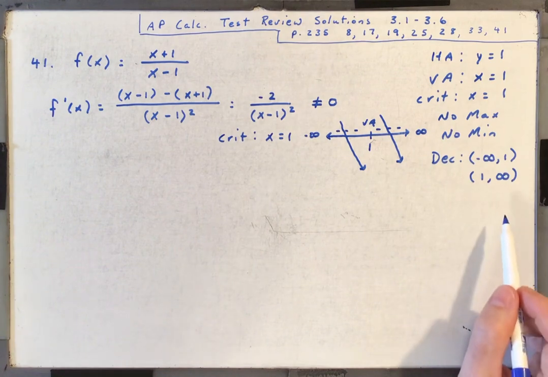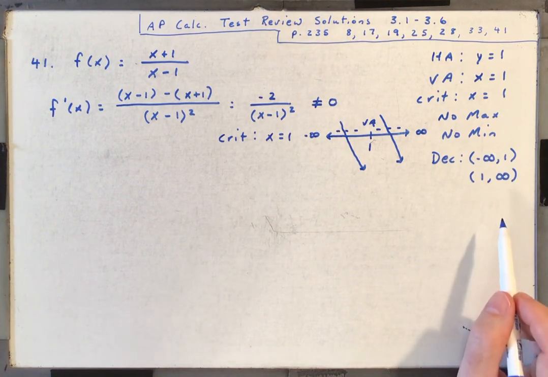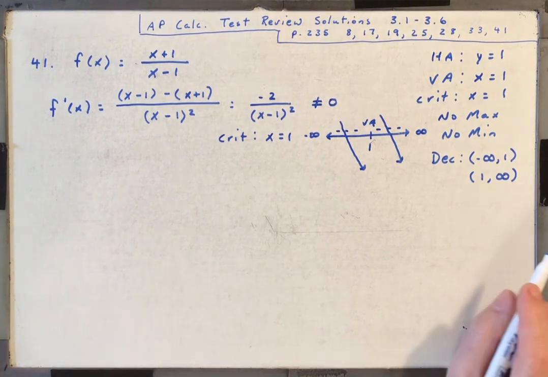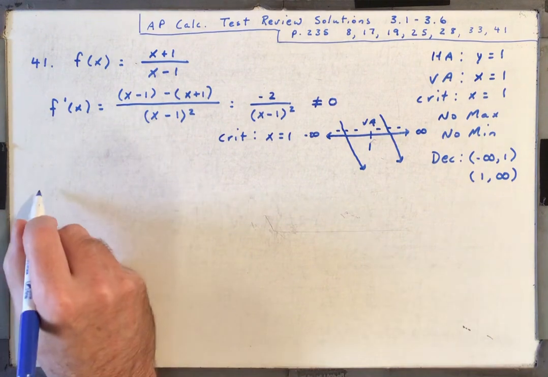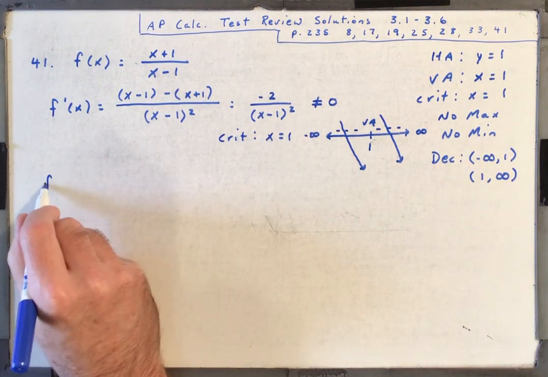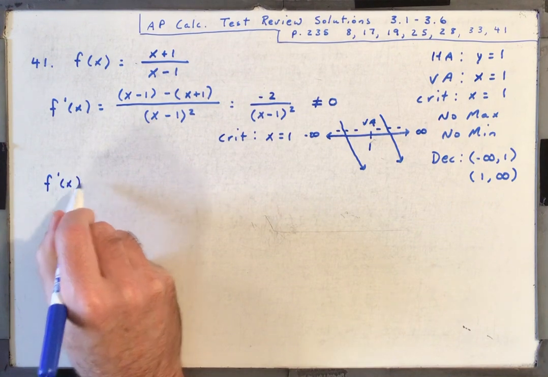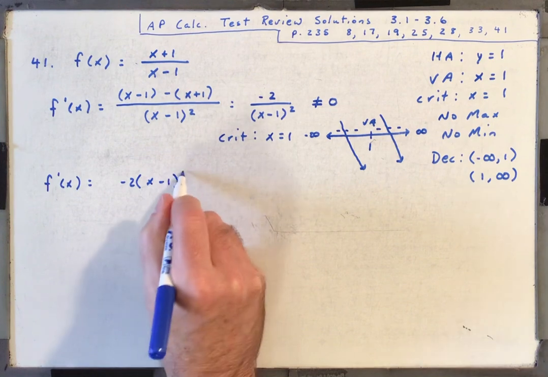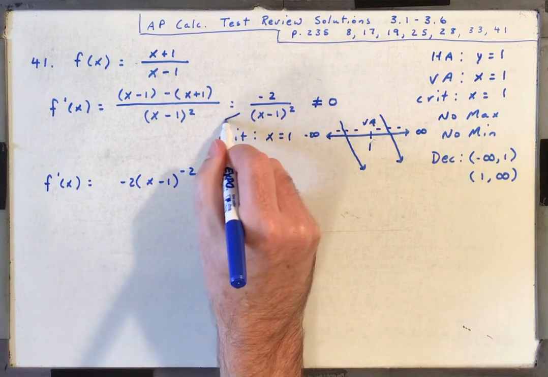Okay, you've piled up a lot of nice points on this one. You didn't have to do a whole lot of thinking on it, even. Okay, so let's rewrite f prime of x as negative 2 times x minus 1 to the minus 2.